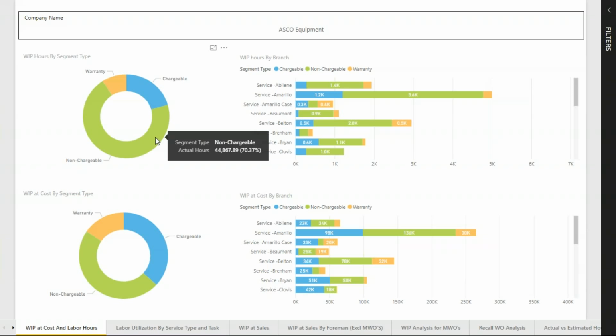Once you process your monthlies, this should come down. You have 44,000 hours of non-chargeable. That seems awfully high. It's probably because we're looking at 2 months of non-chargeable. Correct.